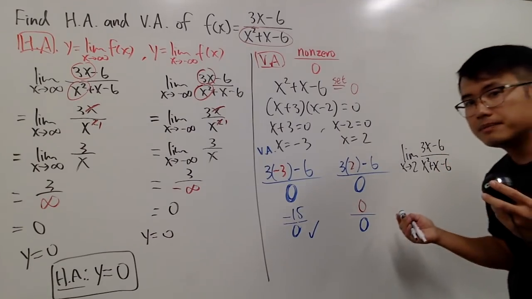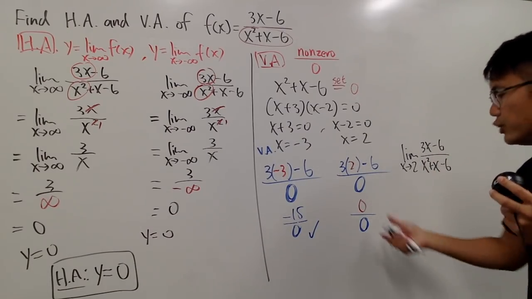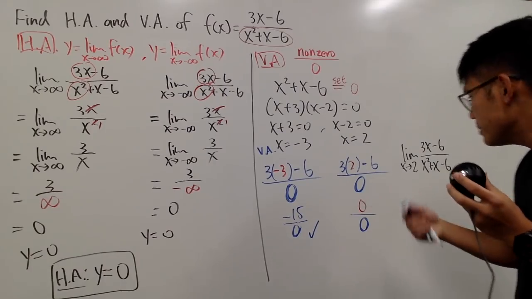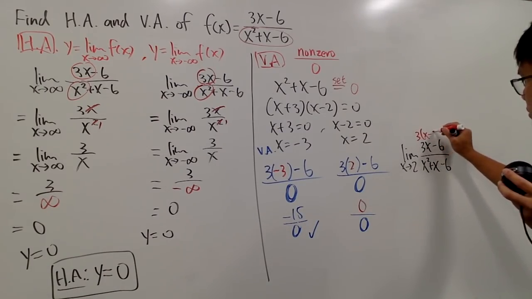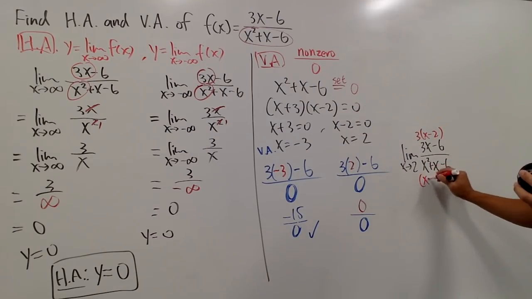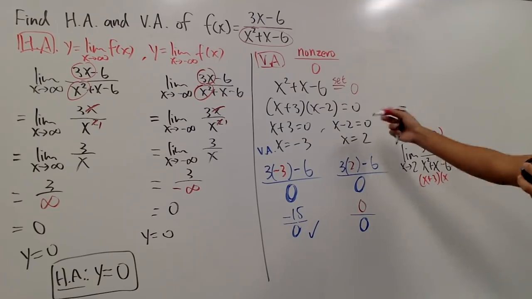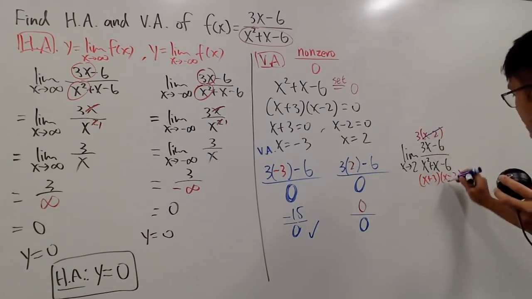And to do this limit, you know that if you plug in 2 into all the x, you end up with 0 over 0. So you simplify the expression. On the top is 3 times x minus 2. On the bottom, you factor it, you get x plus 3 times x minus 2. And of course, x minus 2 can be cancelled.